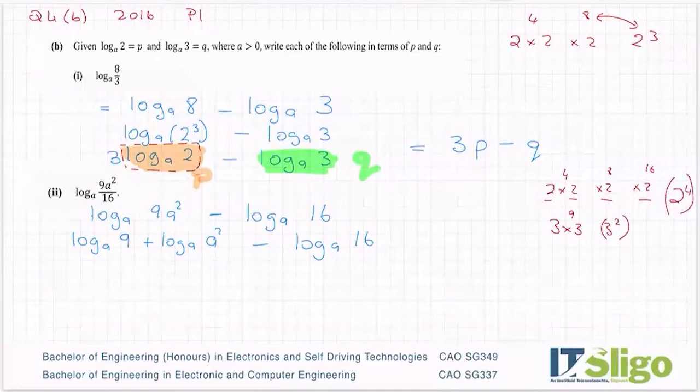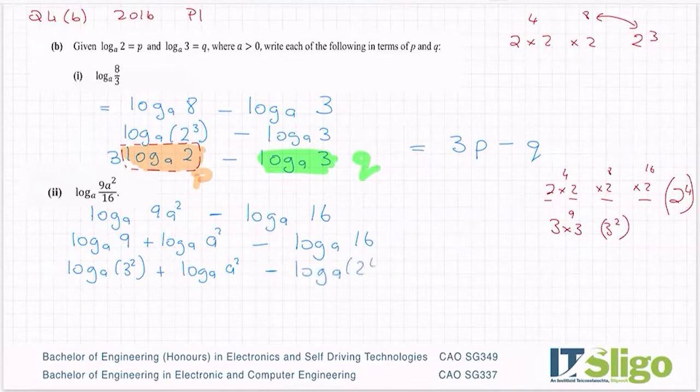So let's start writing them as base 2 and base 3 so that I can sub in my p's and q's. So I have log to the base a of 3 squared plus log to the base a of a squared, we'll deal with him in a minute, minus log to the base a of 2 to the power of 4.